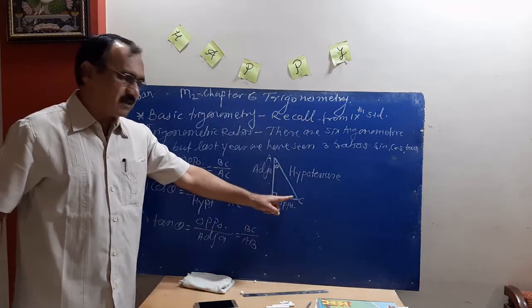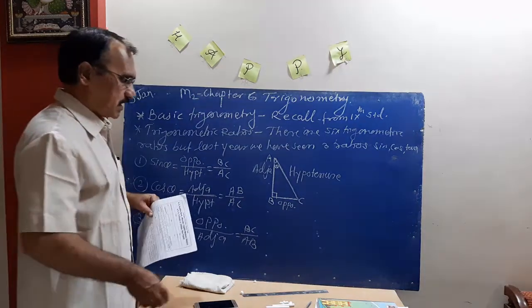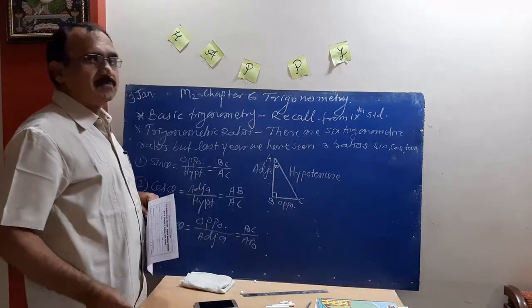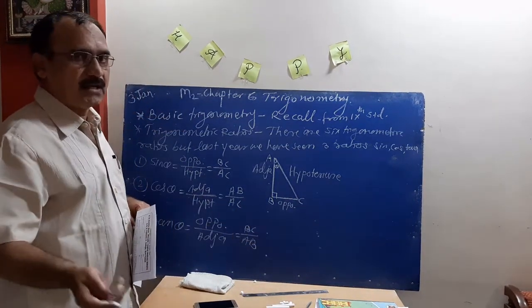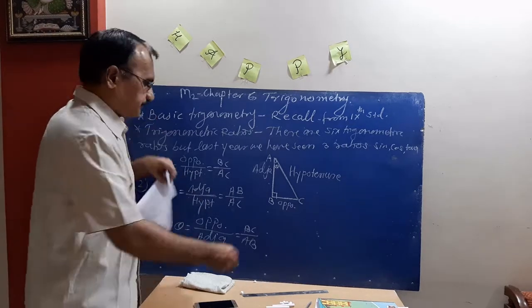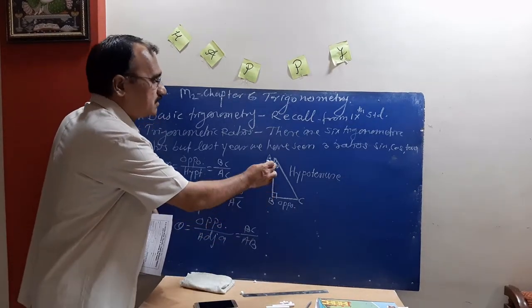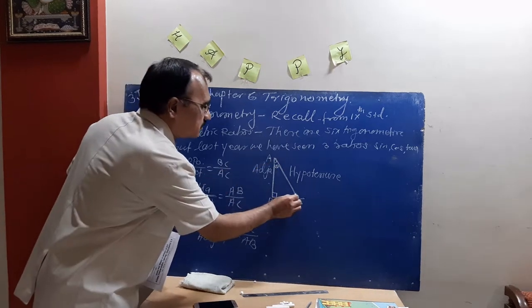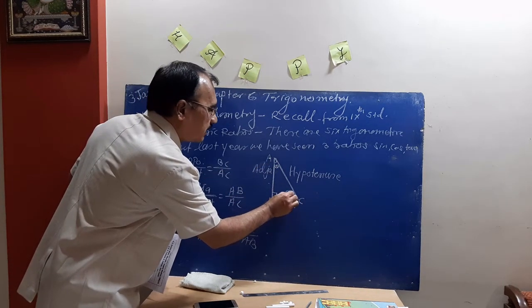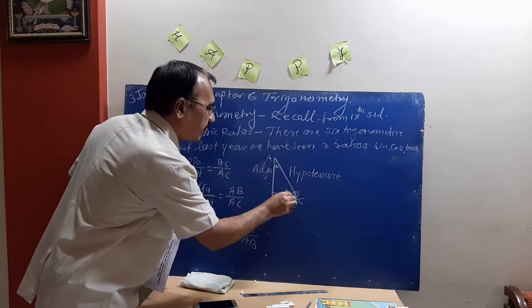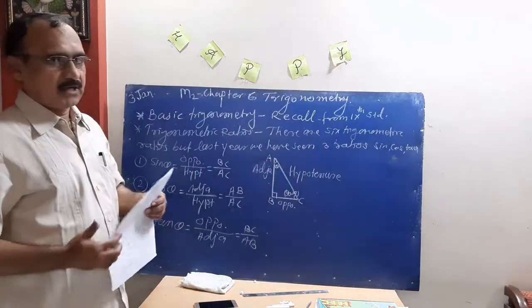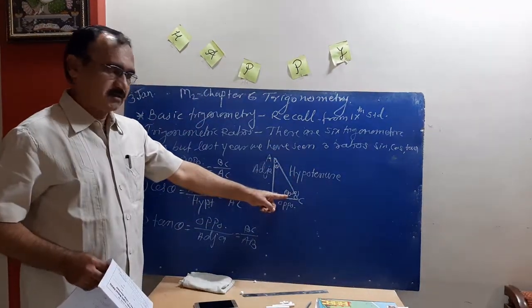Or we can also write, you know, the sum of three angles of any triangle is 180. Suppose this is 90, this is theta, means remaining angle is 90 minus theta. Measure of angle C is 90 minus theta.